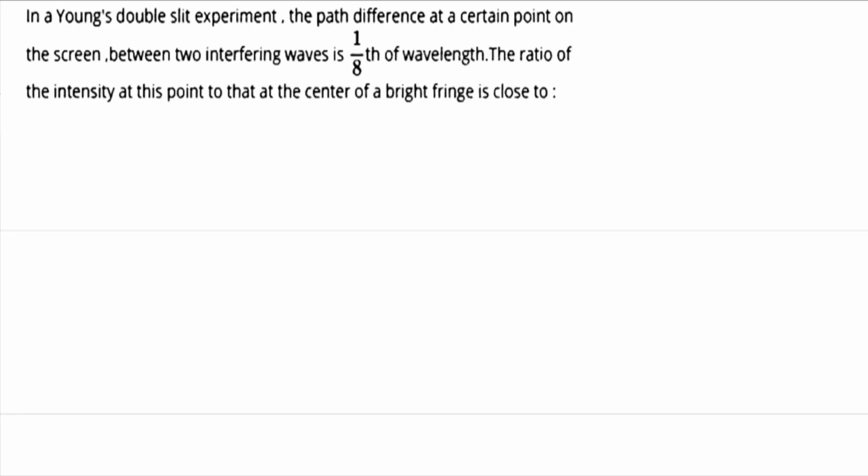So if we see the case, let's draw. If we draw the slits, this is slit 1 and this one is slit 2, and we are getting the fringe at a distance capital D here.